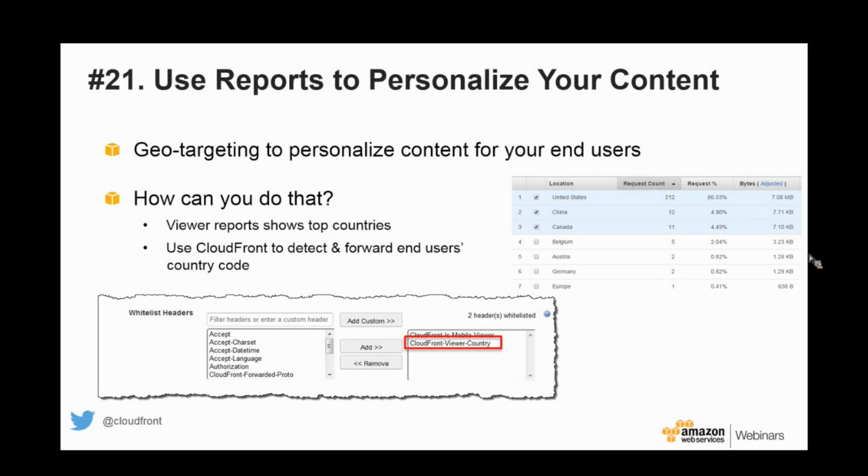So under the same URL, you can have CloudFront detect and forward the end user's country code to your origin, and then when the origin responds back with a customized version of the content, you can have that be cached in CloudFront under the same URL but under two different country codes. So for the US, that could be an English version, and then for China, that could be a separate version.